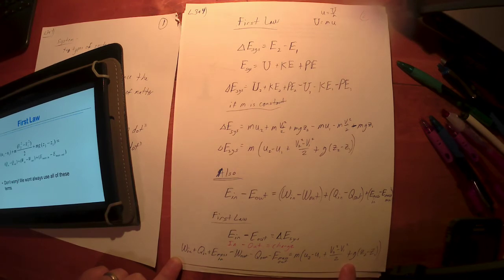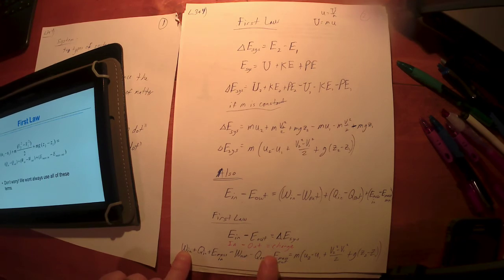So that means I either need to have an equation to represent some of these other variables, or most likely I'm going to say, well, if it's a closed system, these go away. If I've got work in, but nothing is pulling work out, then this is probably going to be zero.